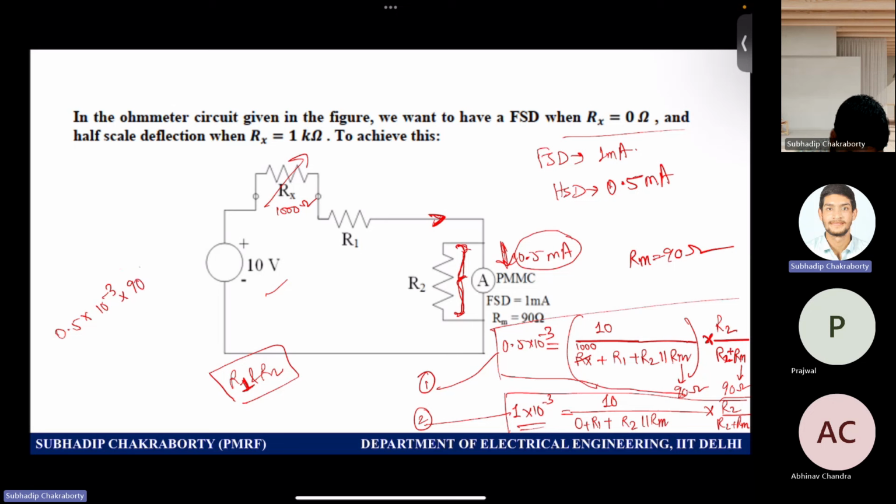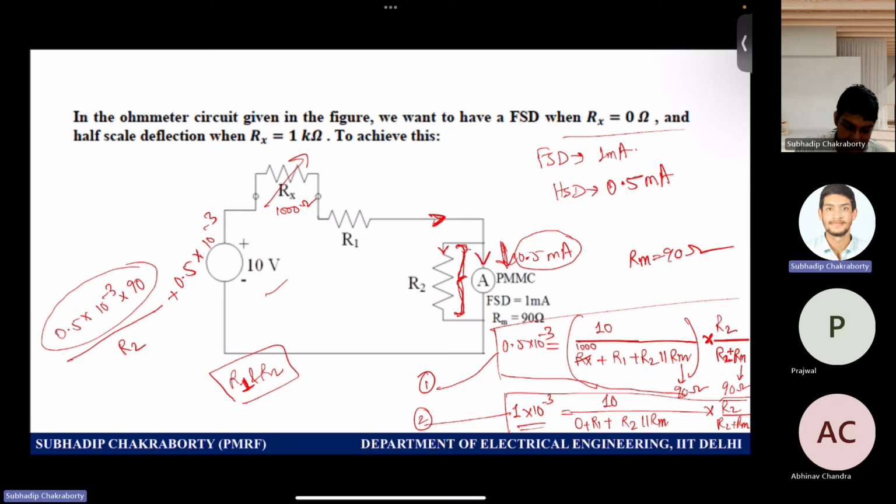If you know this voltage drop, you also know the current, right? So this is this current. Voltage drop divided by resistance is current, right? Plus the full scale or the half scale deflection current.